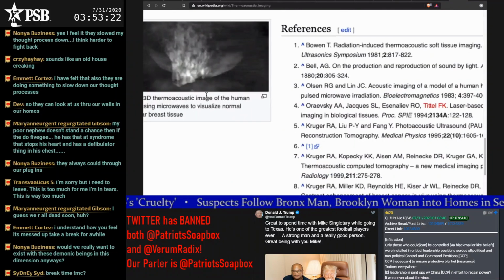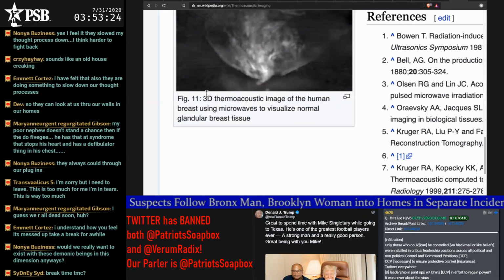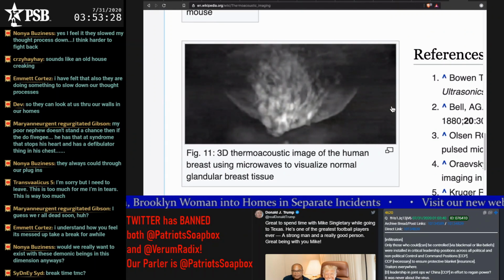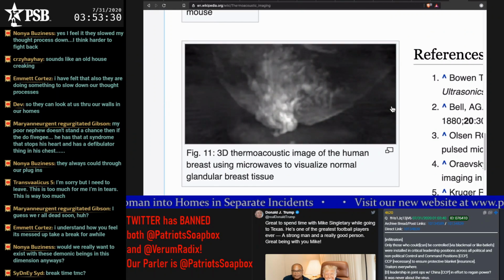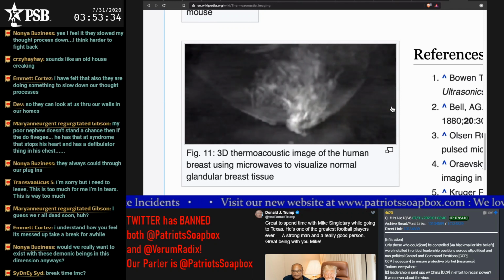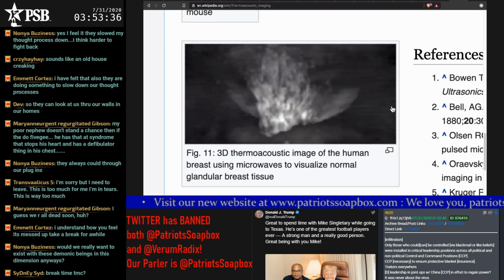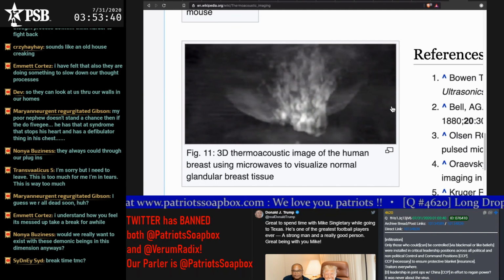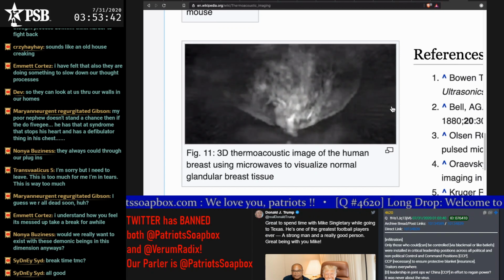Thermoacoustic image of a human breast using microwaves to visualize normal glandular breast tissue, high resolution, high definition. So this is a proven, medically applicable phenomenon.